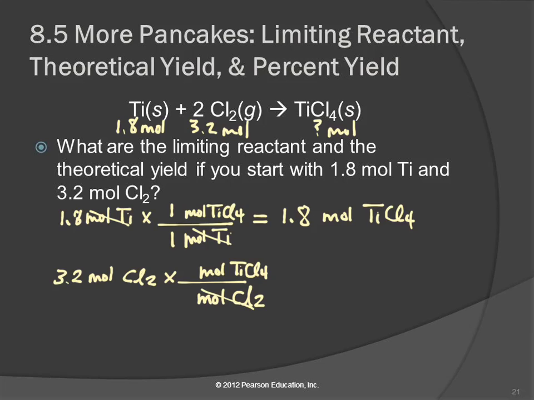So those units cancel out. We look in the equation. 2 moles of chlorine get us 1 mole of titanium chloride. 1 to 2. So this will give us 1.6 moles of titanium chloride.